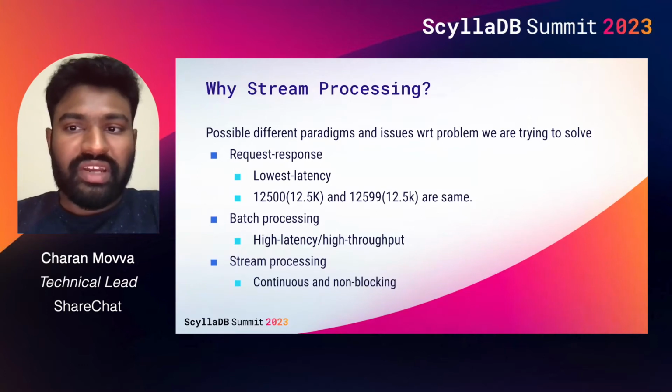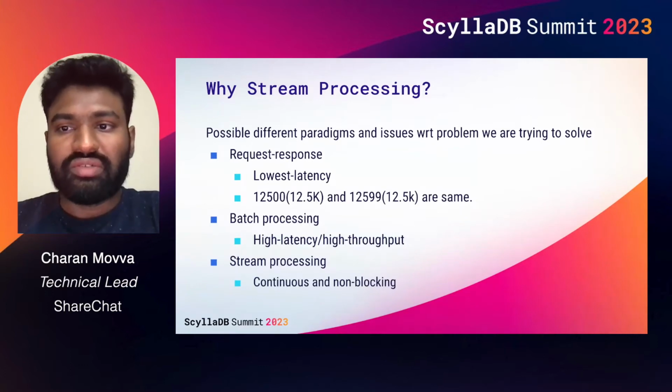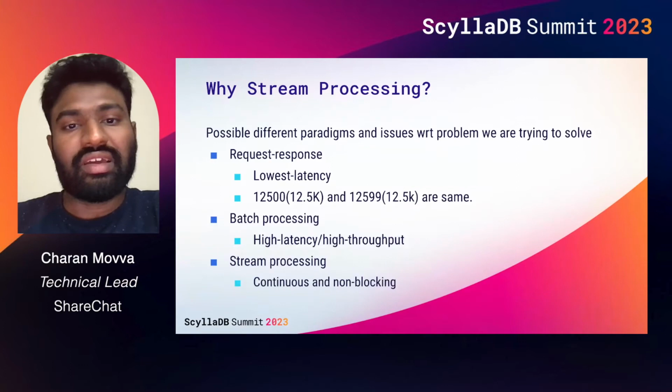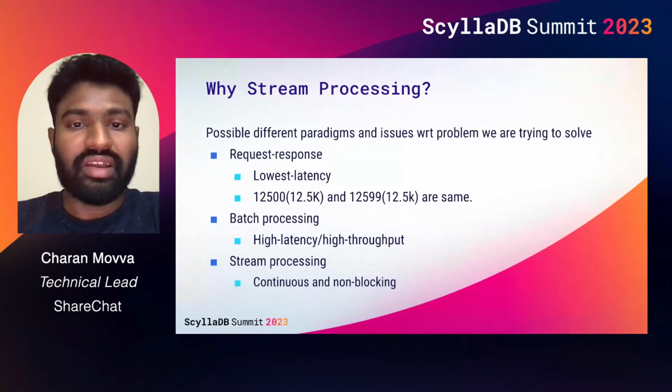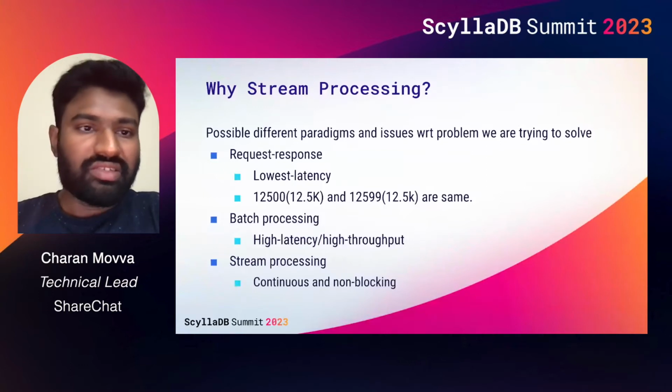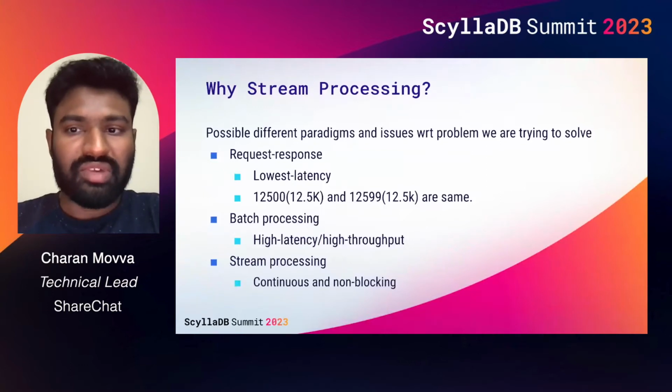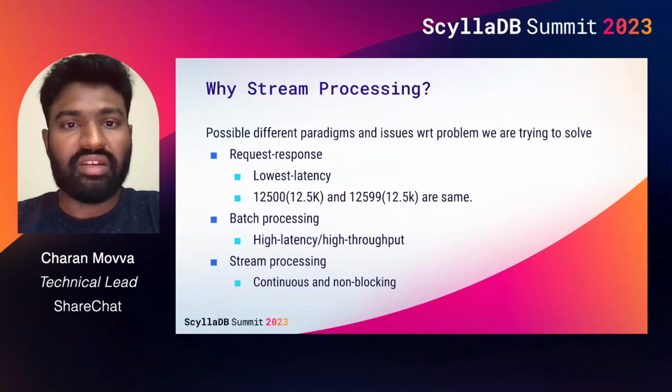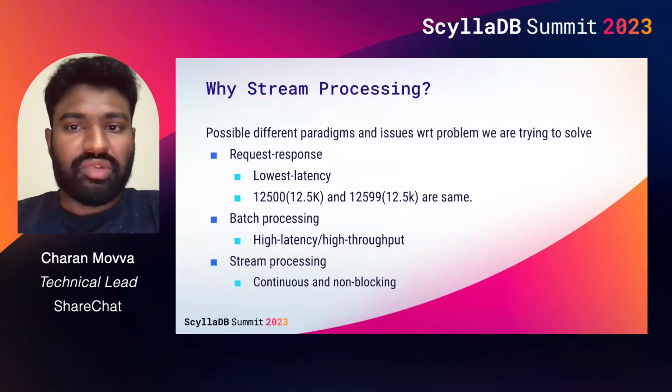So the update from 12,500 to 12,599 doesn't really have to be in real time, and this only grows with the order of the number. It is evident now that in order to reduce the database calls, we could aggregate over a set of events over some time and then make a single call, or reduce the number of operations on the database.